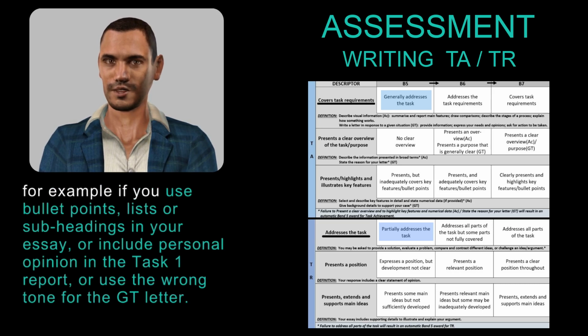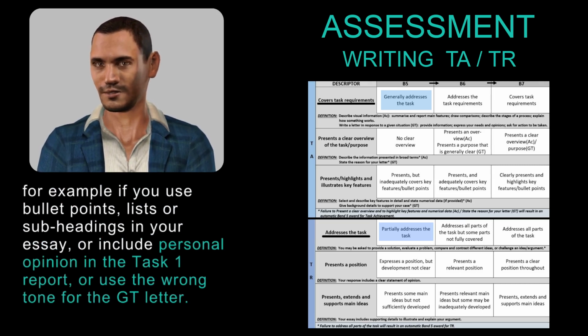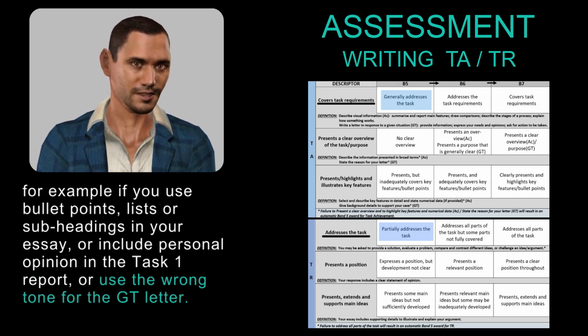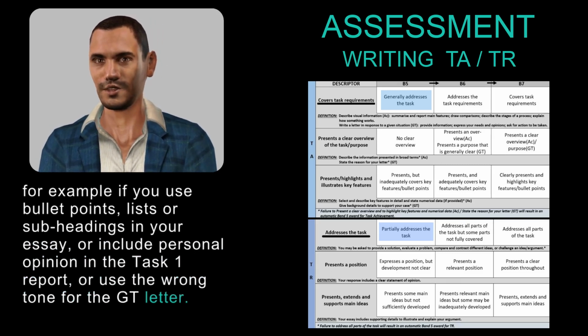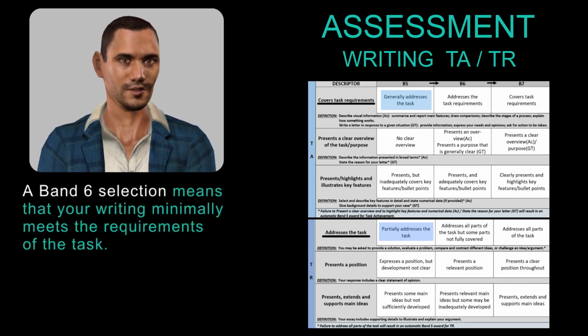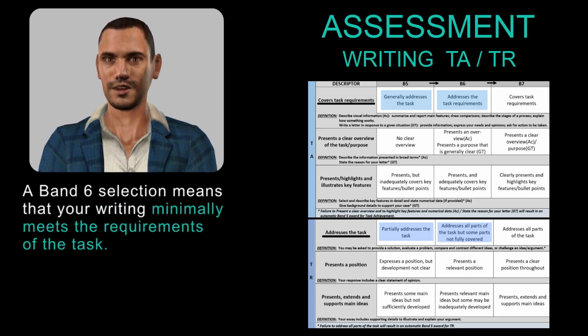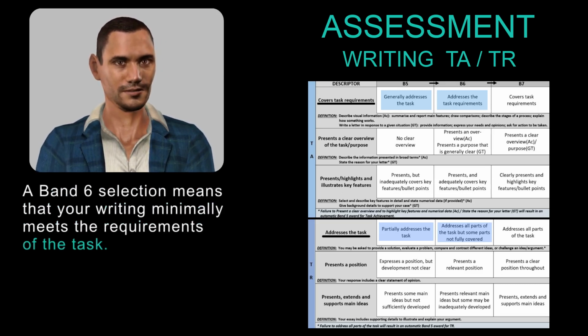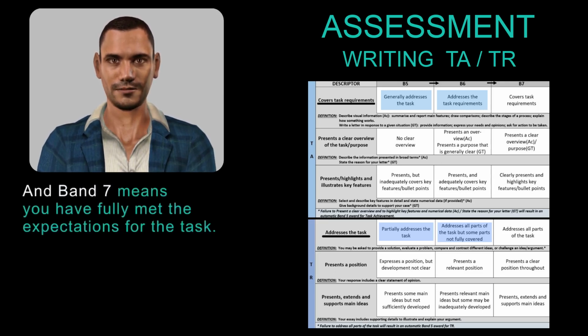For example, if you use bullet points, lists, or subheadings in your essay, or include personal opinion in the task 1 report, or use the wrong tone for the GT letter. A band 6 selection means that your writing minimally meets the requirements of the task. And band 7 means you have fully met the expectations for the task.